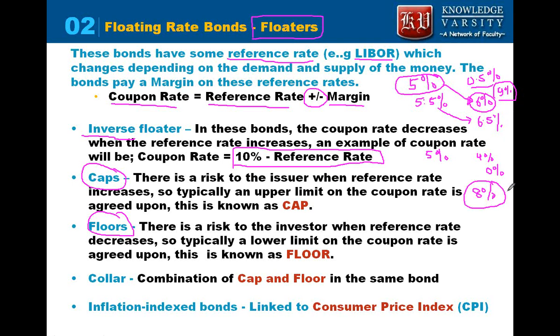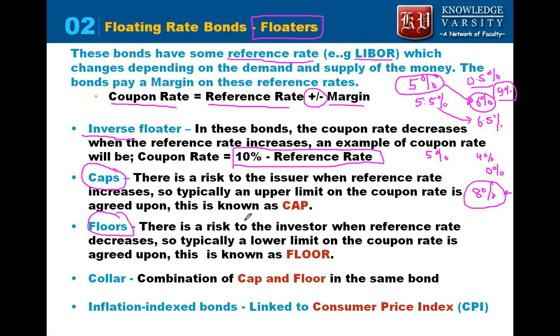It has to be 8% only. This cap rate benefits the issuer, right? Because if the rate had become 10%, he should have been paying 10.5%, but he is only paying 8%. So the cap benefits the issuer, but it is against the interest of the bond holder.